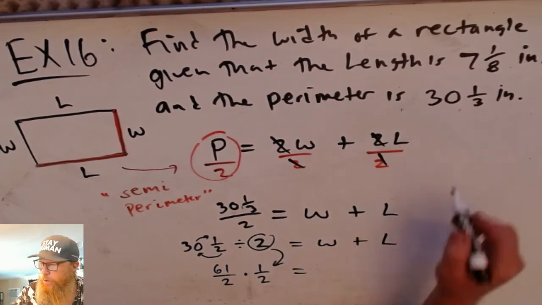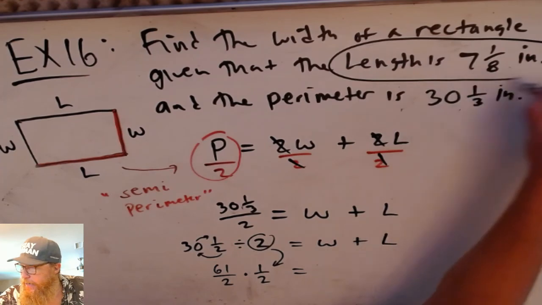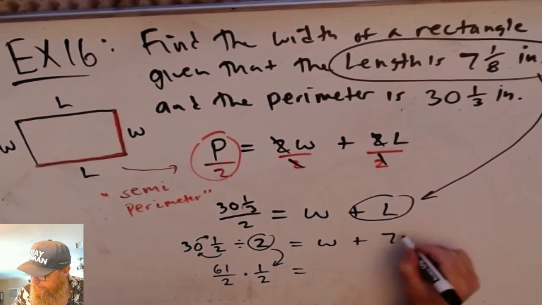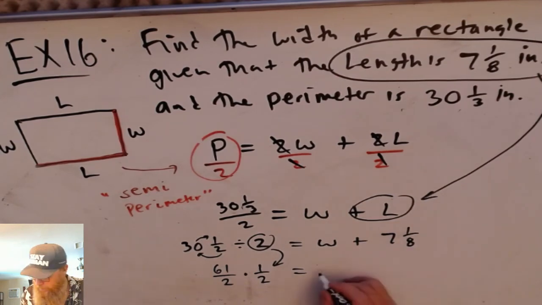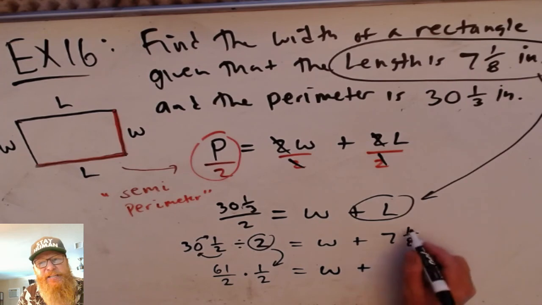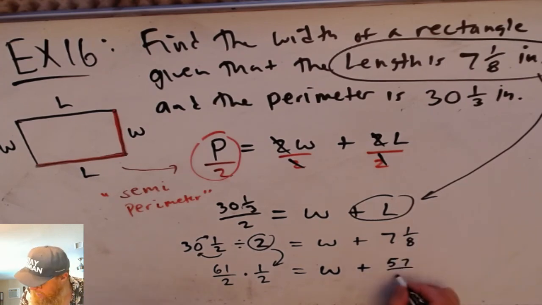I also know what L is. L is 7 1/8, which I can write as 7 times 8 is 56 plus 1 is 57/8.